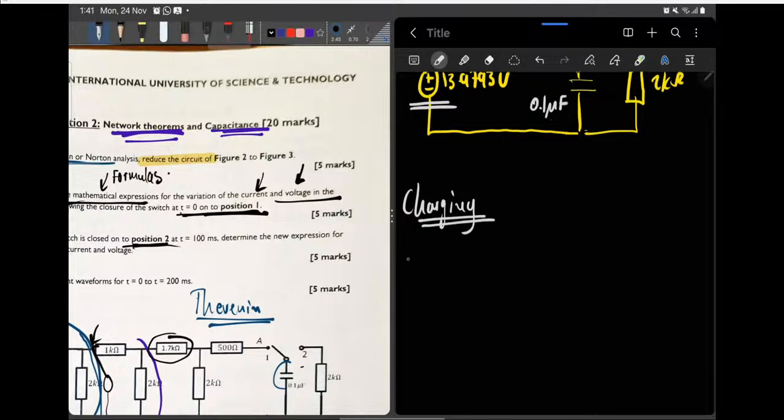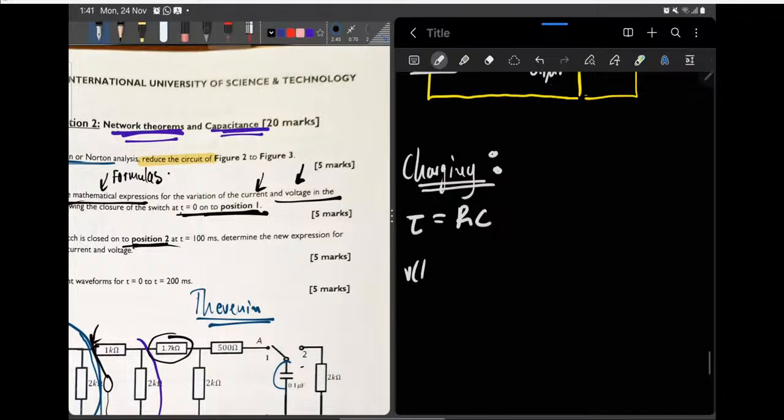We know that tau is equal to RC. This is the time expression. Then what we know is that voltage at some point t is going to be equal to the maximum voltage multiplying 1 minus e to the negative t over tau. And then you can now say current at some point in time t.